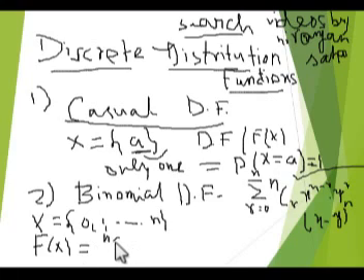nCi for any value i among them, times p^i, where this is the probability of the ith component happening, and its index is i, and not having the ith component is 1 minus p.